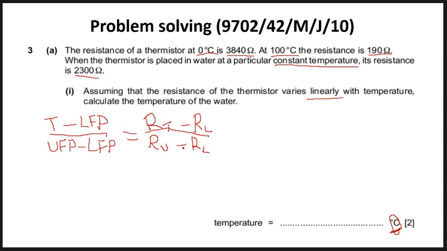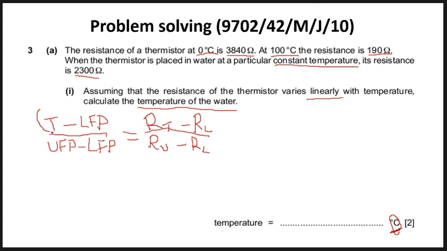Based on what I have here, all I need to do is substitute, knowing that from the question we are asked to find the temperature of the water, that is the constant temperature, when the reading is 2300.